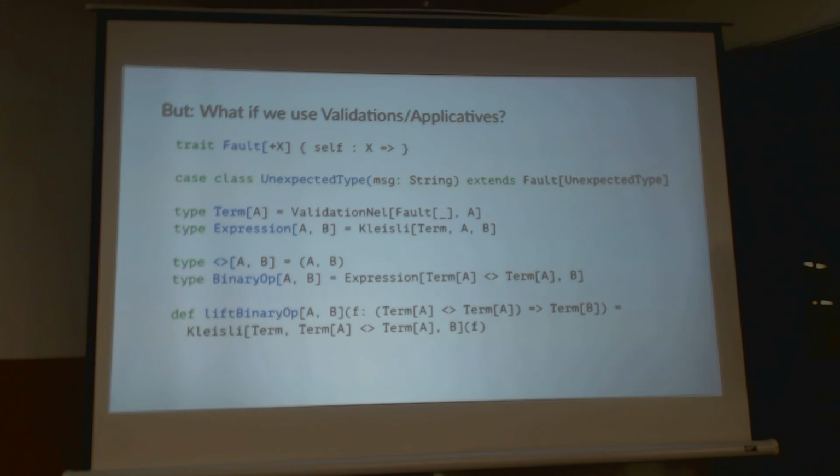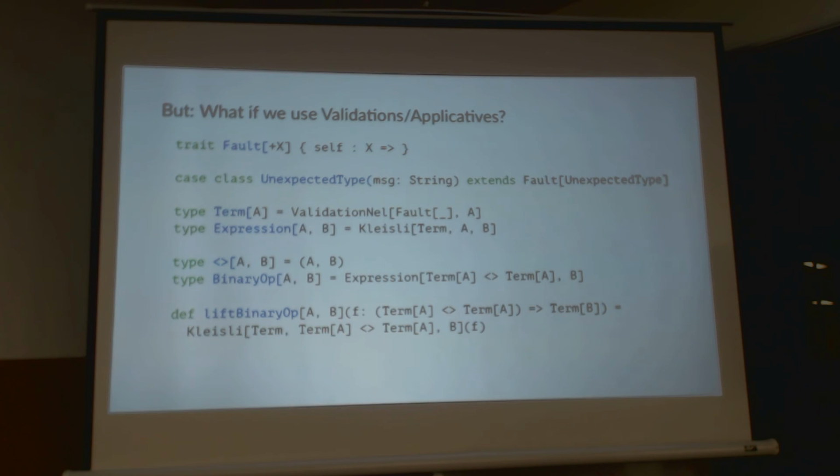And we have ValidationNel. Now, ValidationNel is a shorthand for a validation where the error condition is a non-empty list. Since it's very common that people use non-empty lists with validations, that's why there's a ValidationNel. So that's the same as just saying Validation, non-empty list of fault, or A. And like disjunctions, the left side is seen as the error condition, the right side is the actual values.